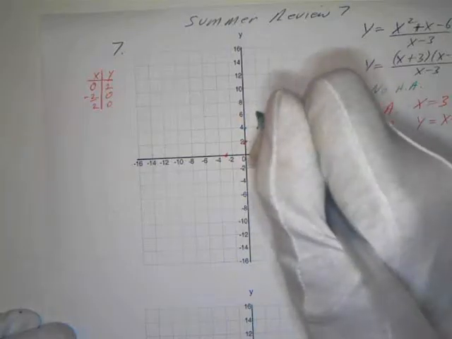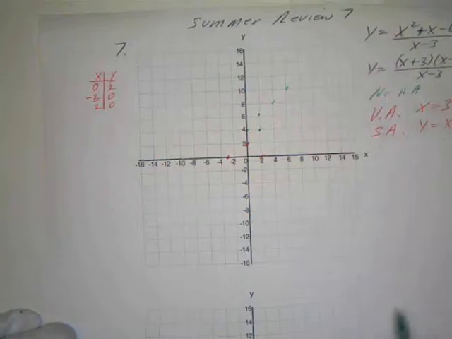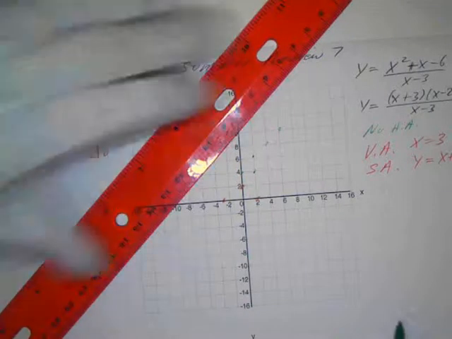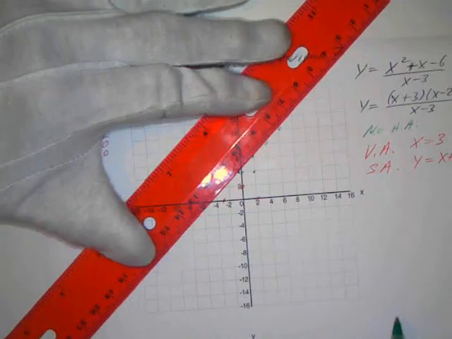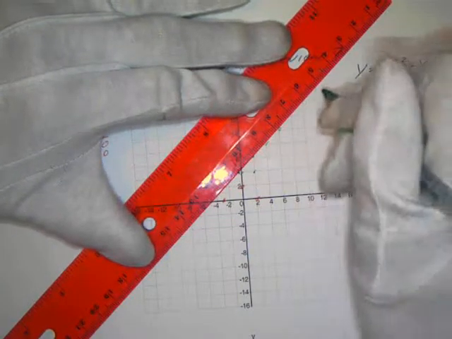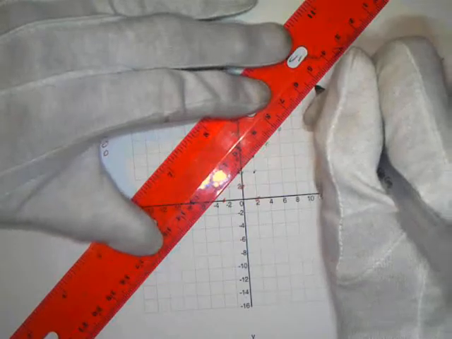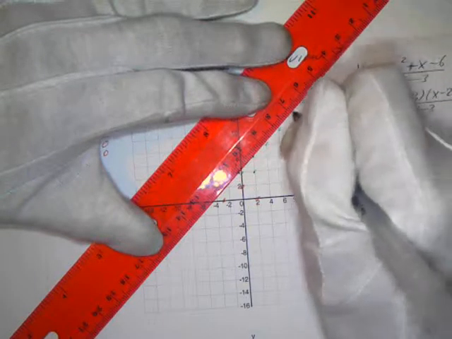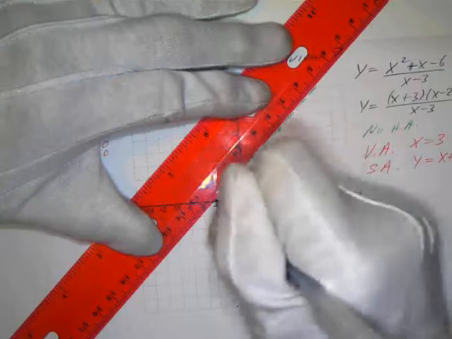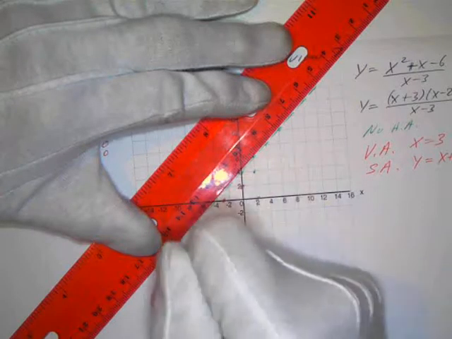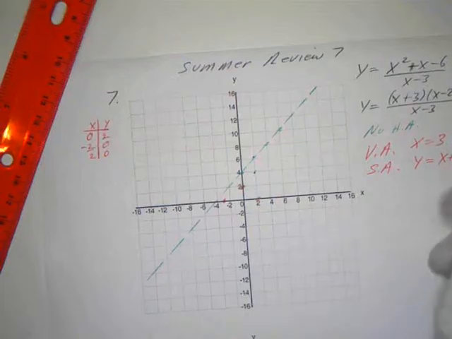Oops, sorry. Because the intercept is 4, so there's my slant asymptote. We draw it accurately here. And there's my vertical asymptote at x equals 3.